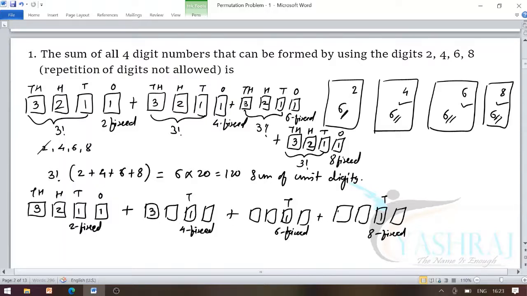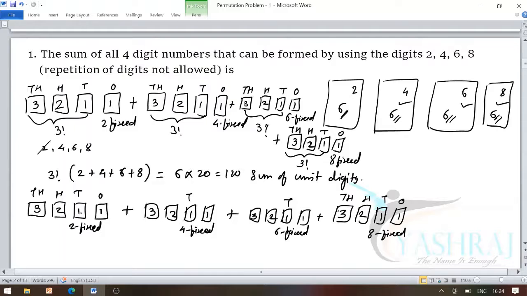Same thing, 3, 2, 1 ways if we fix the 4 at the tens place. Same thing, 3, 2, 1 ways to fill up the thousands, hundreds and ones places once the tens place is fixed with the digit 6. Same thing if we fix the digit 8 at the tens place, to fill up the thousands, hundreds and ones places we have 3, 2, 1 ways respectively.